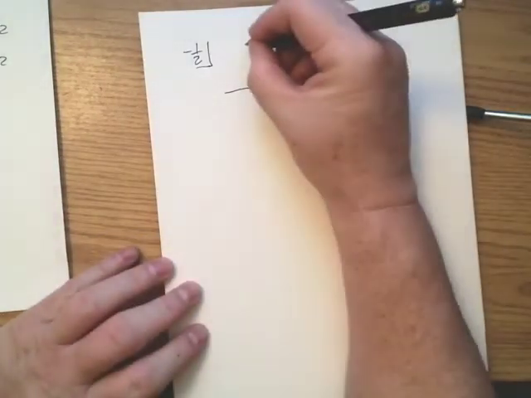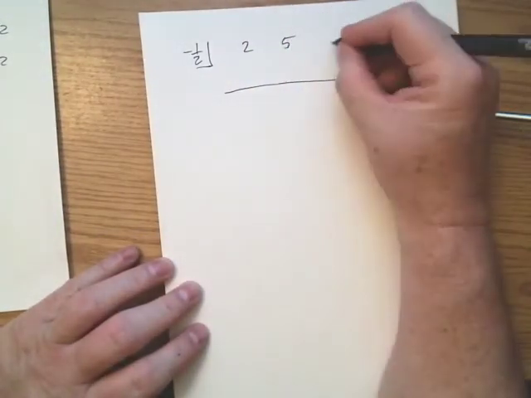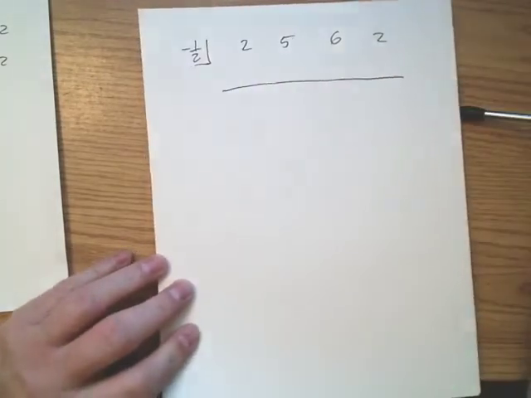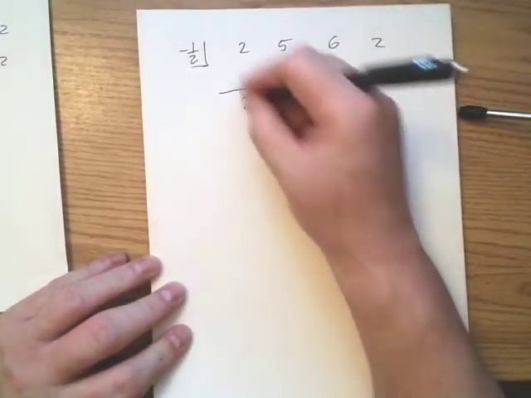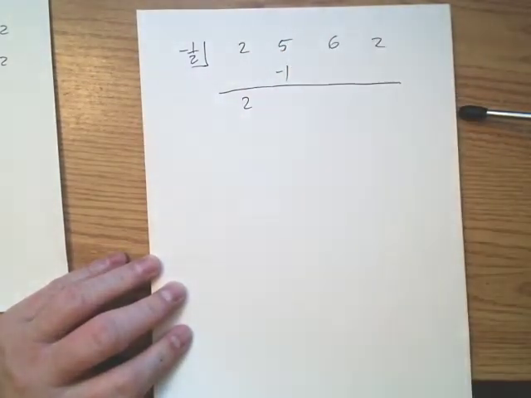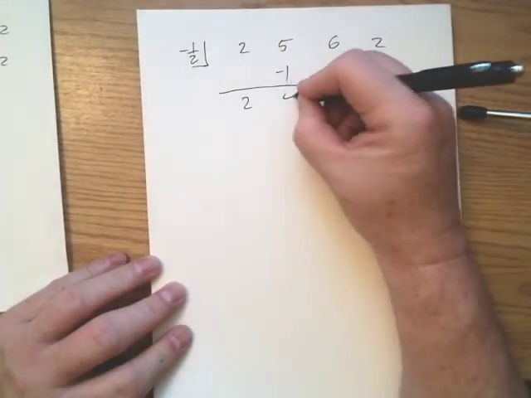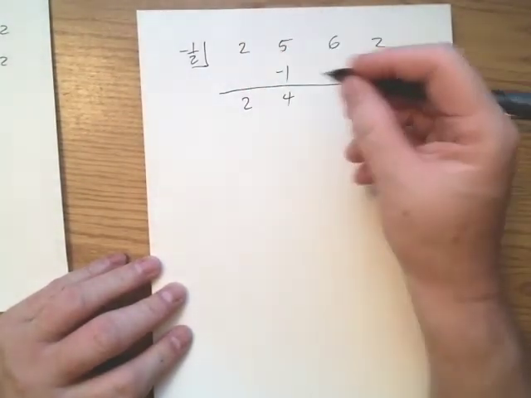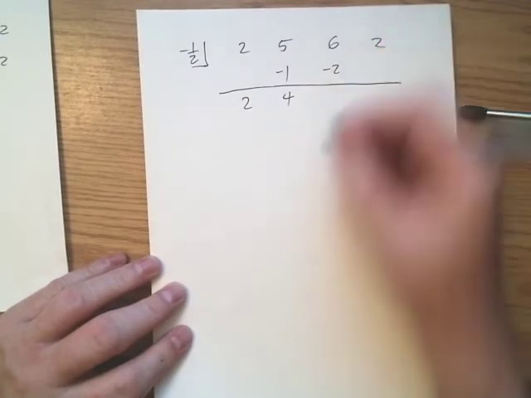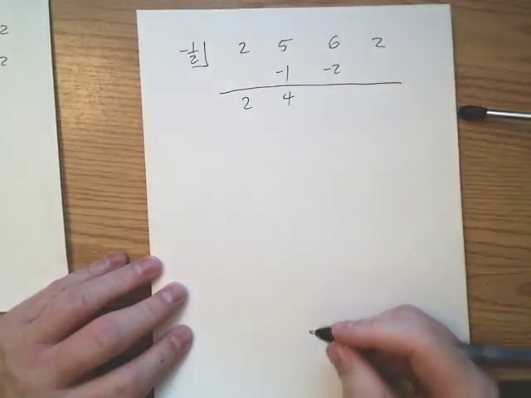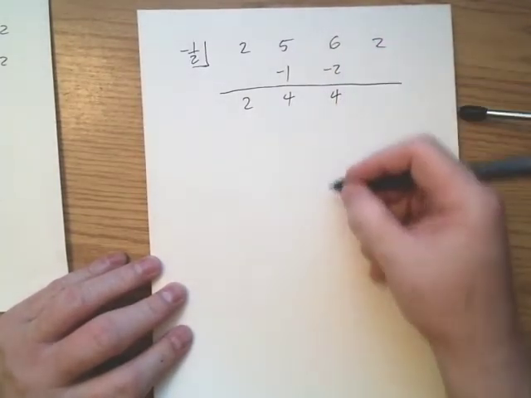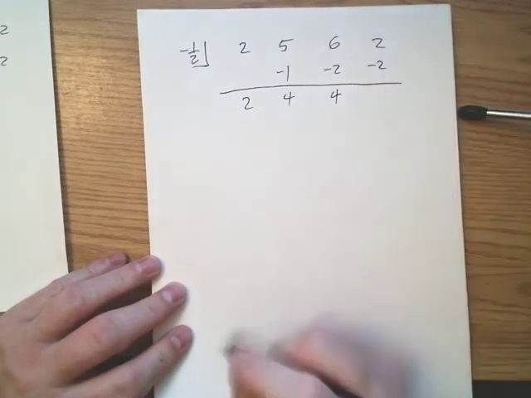All right, we've got 2, 5, 6, and 2. Let's do it again. Bring the 2 down, multiply, we get -1, right? Add, we get 4. Multiply, we get -2. Okay, is that right? Yeah, -2. Add, we get 4. Multiply, we get -2.